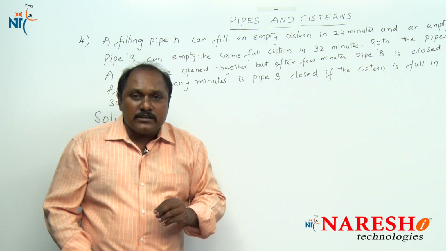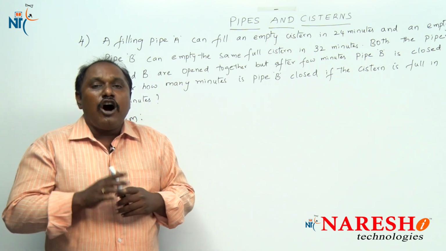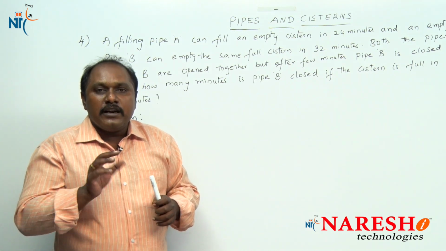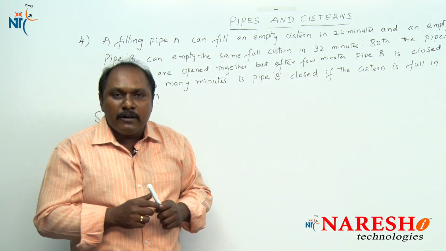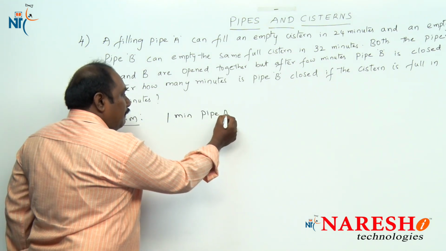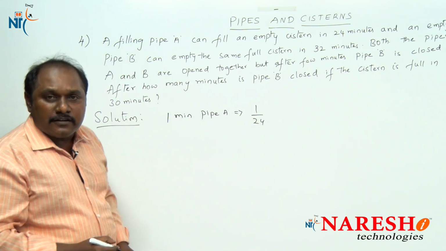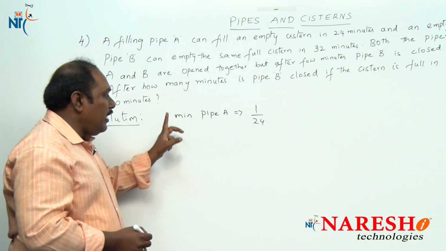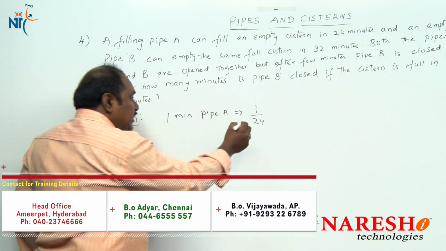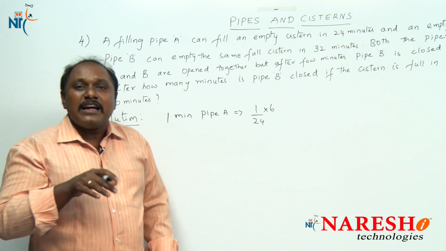Now in that 6 minutes, how much part of the tank did it fill, or how much work did it do extra? If we can find out, then definitely you will get the answer in a very simple way. Pipe A in 1 minute will fill 1/24 of the cistern. This pipe is working for 6 minutes more than what it has to work.